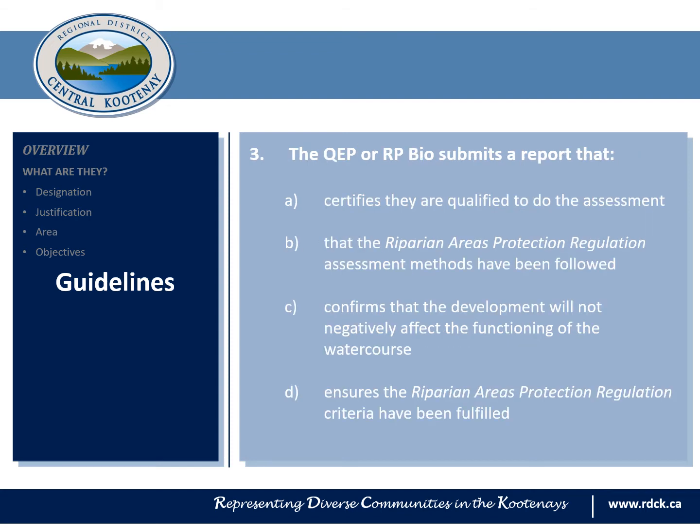The third guideline requires that the QEP or RP Bio submit a report that certifies they are qualified to do the assessment, follows the assessment methods laid out in the Riparian Areas Protection Regulation, confirms that the proposal will not have a negative impact on the watercourse, in this case Kootenay Lake, and ensures the criteria of the Riparian Areas Protection Regulation have been fulfilled.